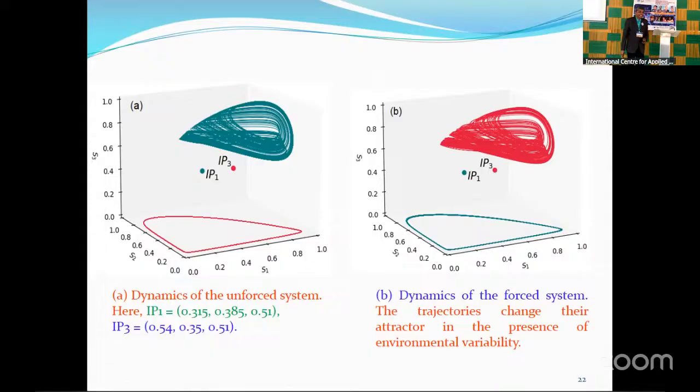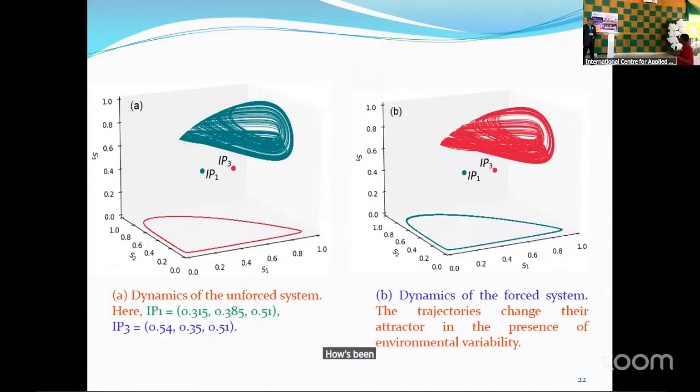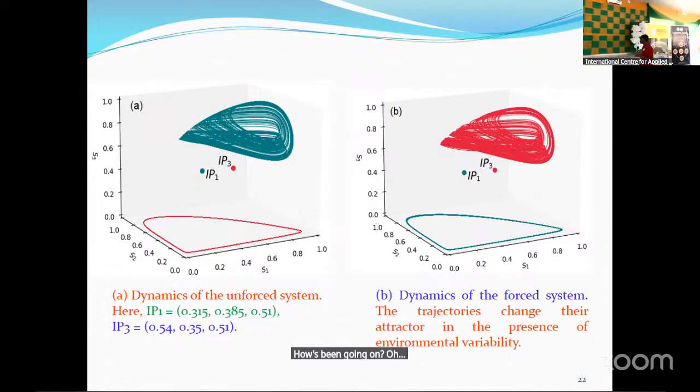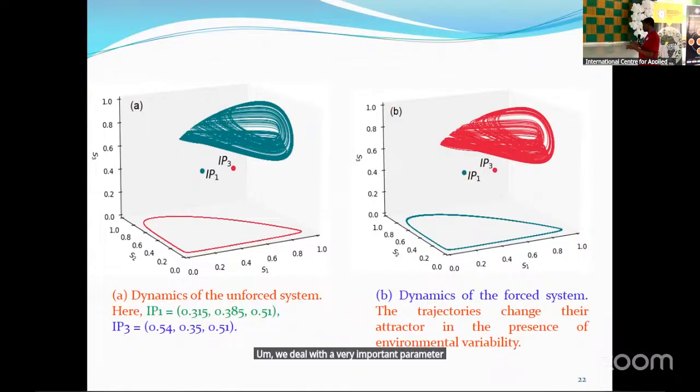I have a question, and I think it is still on the line of bifurcation. The threshold value of a bifurcation parameter, the interpretation of it, for instance, when it comes to epidemiology, we deal with a very important parameter which has to do with the reproduction number.